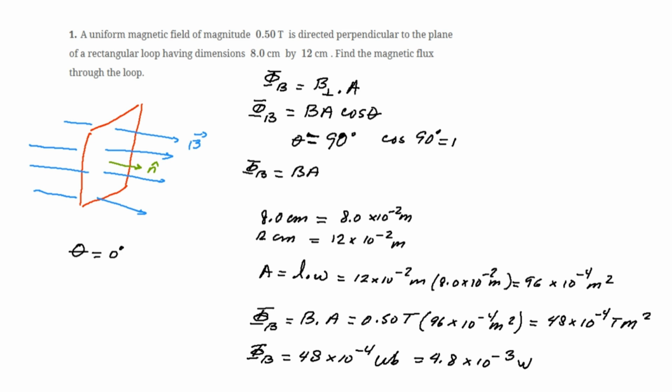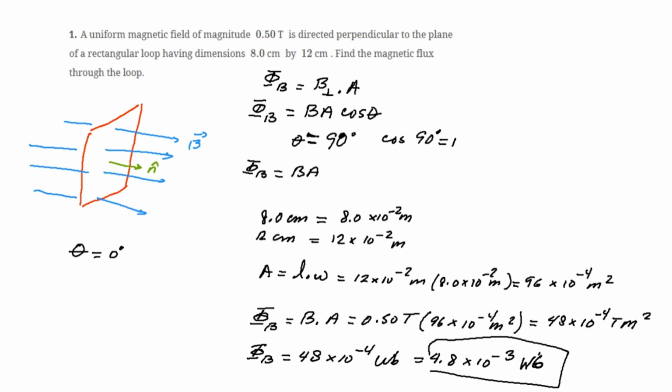So what is the answer in this case? The magnetic flux through the given area is 4.8 times 10 to the negative 3 Weber.